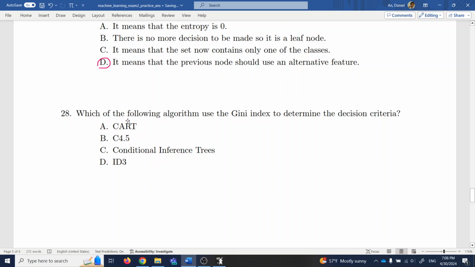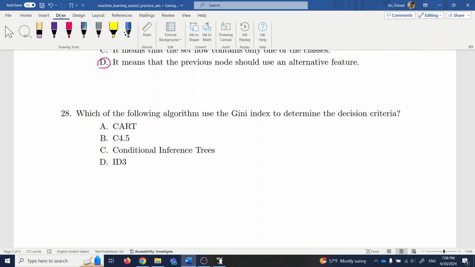And CART is the one that uses the Gini impurity index. Although you can take the CART algorithm and switch out the Gini for the entropy, the default for CART is Gini. So the answer for this would be CART.